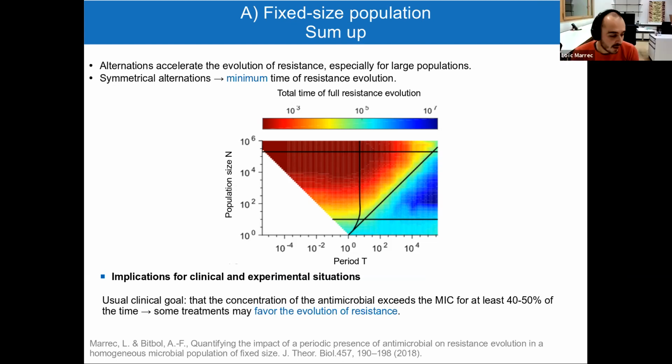Yeah. In this work, I didn't consider a spatial structure, but we could implement this model with a spatial structure. For instance, you could have multiple subpopulations connected via migration paths. It's a very good question.